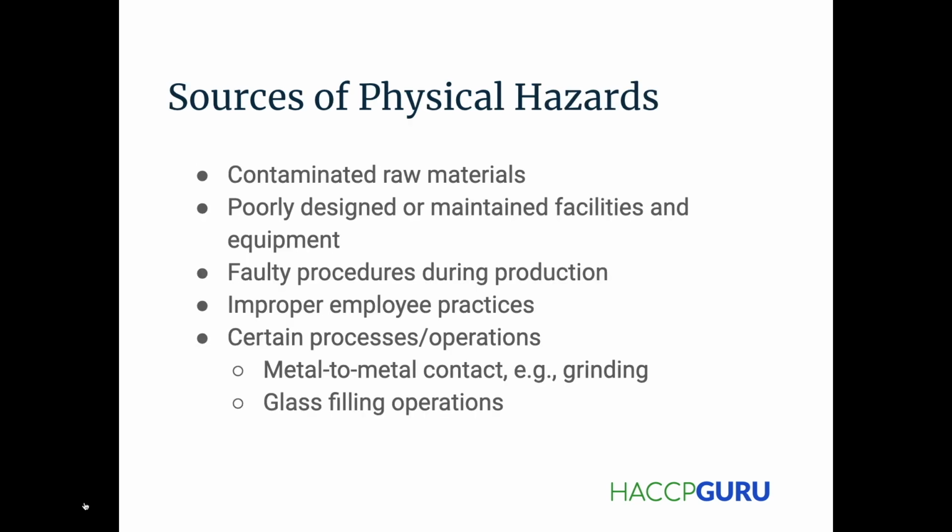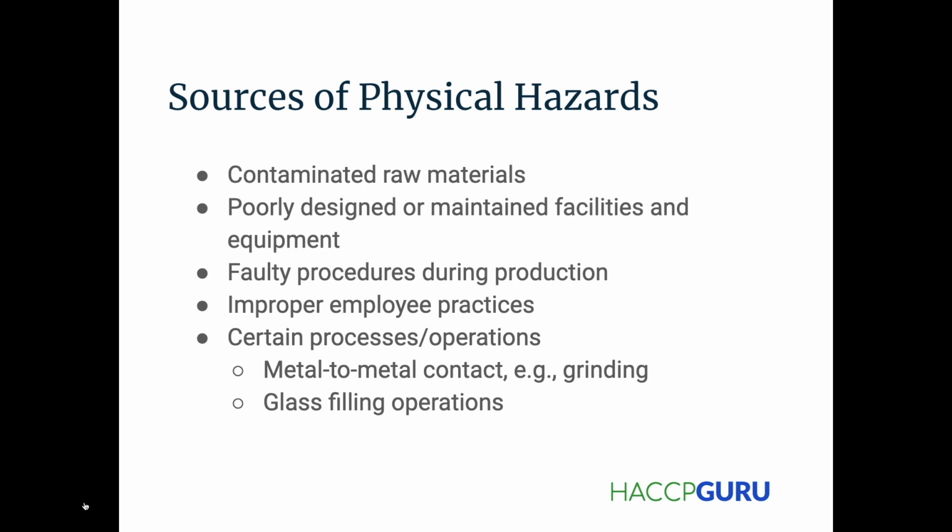Some sources include contaminated raw materials, poorly designed or maintained facilities and equipment, faulty procedures during production, improper employee practices, and certain processes and operations, including metal to metal contact, like grinding and stuff like that. There's so much metal present when you're producing product that eventually you're going to run into some kind of metal to metal contact. Hopefully not grinding and stuff like that.